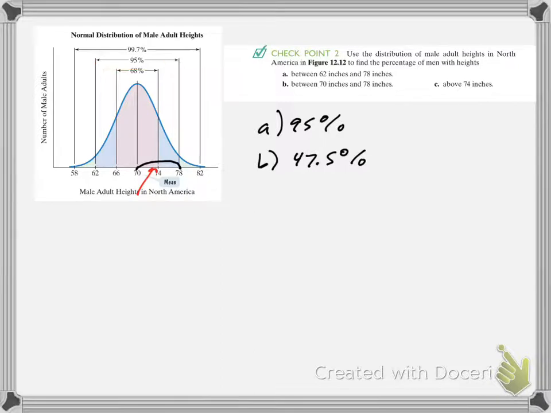Now above 74 inches, that one's a little bit weird. Let's erase some stuff here. Above 74. So that's this way, right? Well, let's figure out what's there.